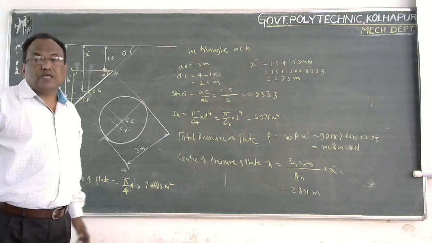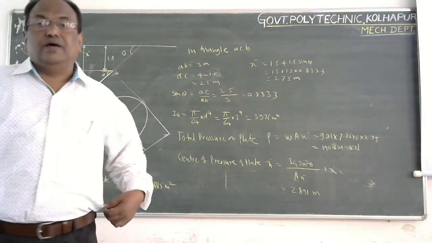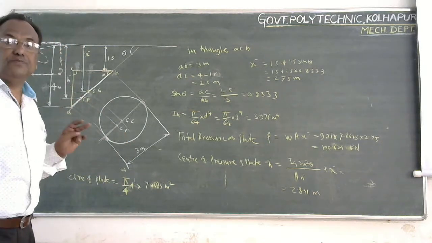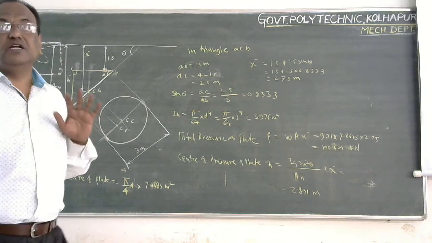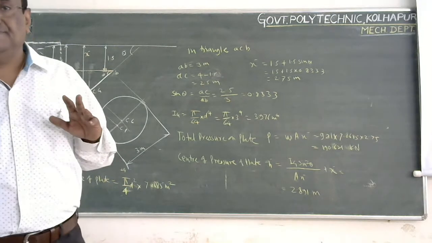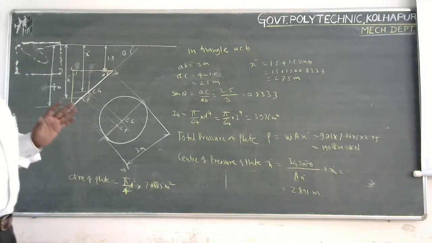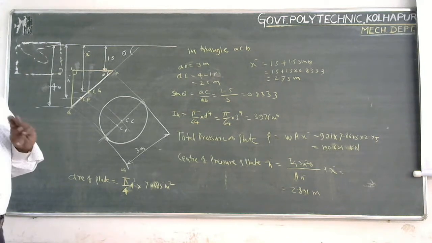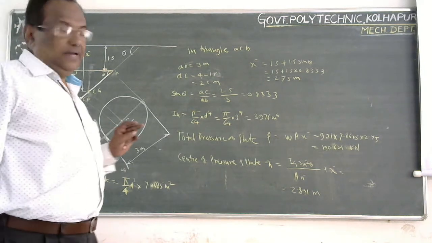Here we are given a problem where we are given the distances of the upper and lower edges of the circle, which is immersed in the water. We are not given the angle. So we have to calculate the x bar, h bar and total pressure on the plate.